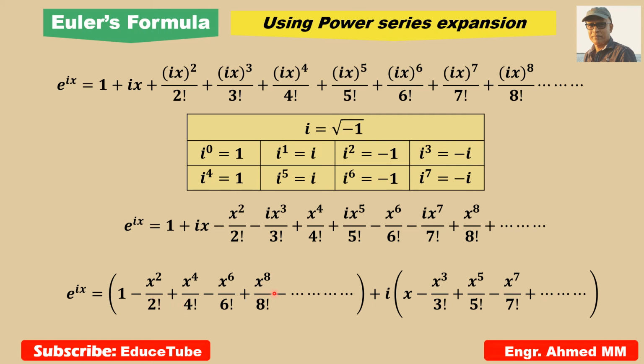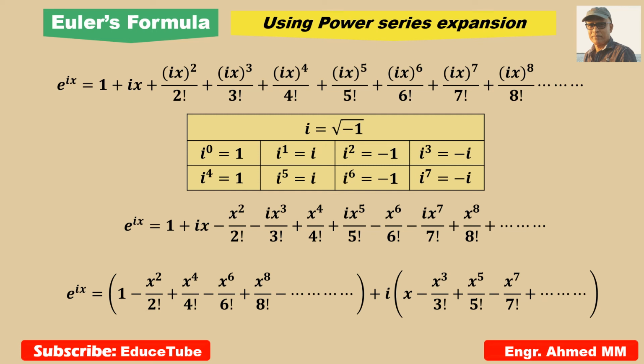One is with even powers, another is with odd powers. As well, here I have taken i common, because look at here, the 3, 5, 7 terms all have i. So I have taken i as a common factor for this.